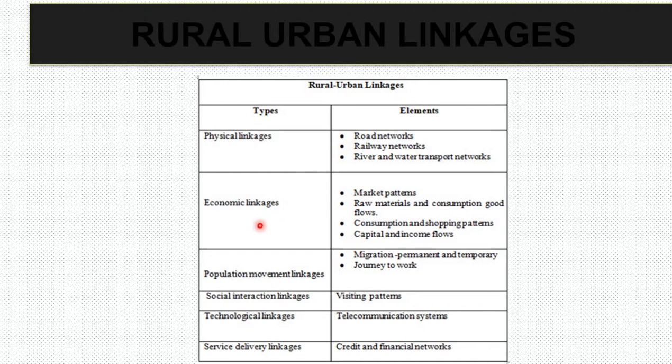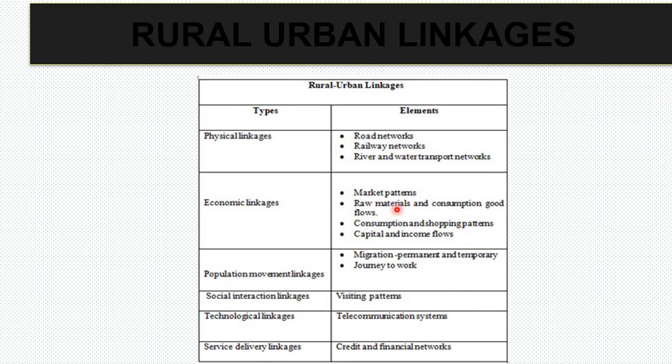The next is the economical linkages. Market patterns, raw materials, and consumption of goods flows, consumption and shopping patterns, capital and income flows also determine how far the rural and urban people are connected.